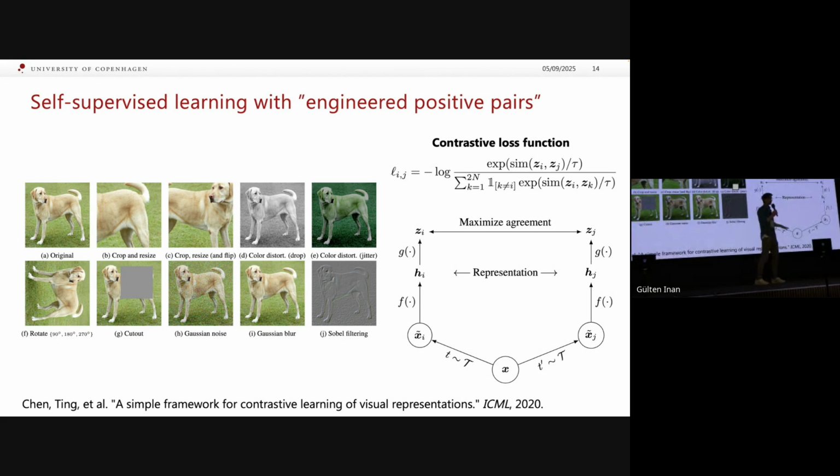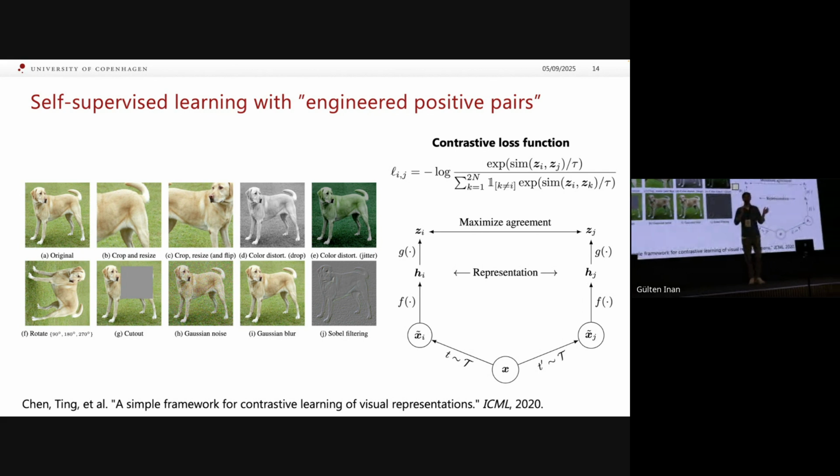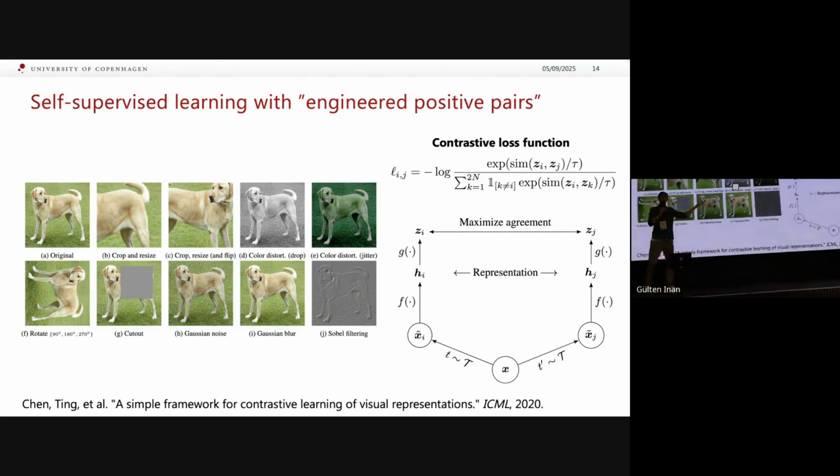What we would do is take this image and create two views out of it by applying two random augmentations. Here are a bunch of examples of how such an augmentation could look. If the one on the top left is our original image, these are all valid positives where we would still say, oh, this is still a dog.